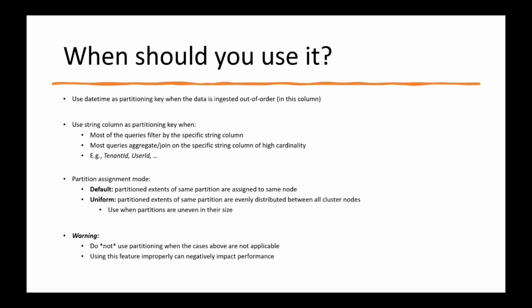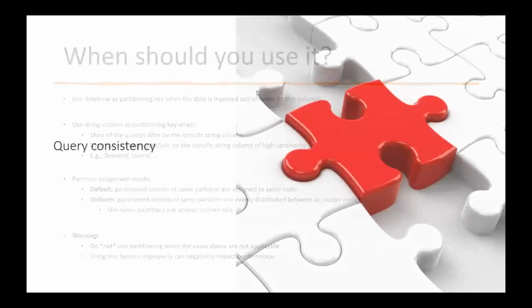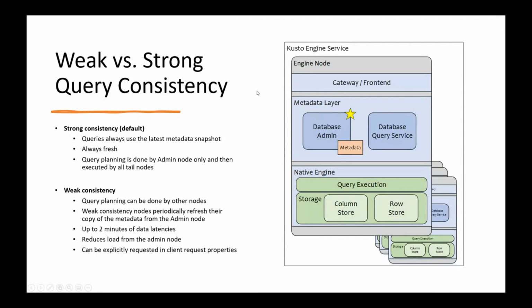Okay, so let's move quickly to the next one because I'm running out of time. Weak consistency versus query consistency. By default, Kusto provides the query consistency, a strong consistency, I mean. And that means that all the queries are going to a single node, which is also doing the ingestion.